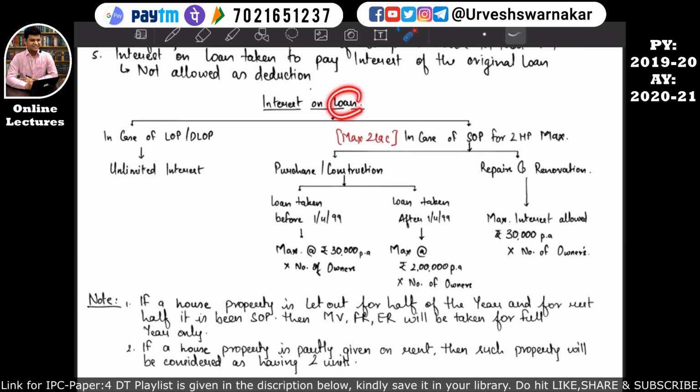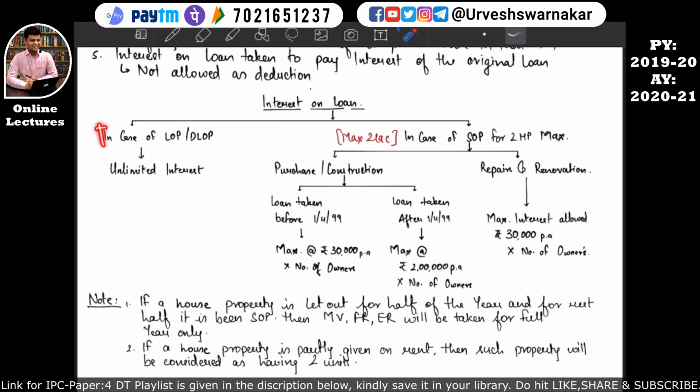If an assessee has taken a loan for LOP or DLOP, that means the loan has been taken and utilized for let out property or deemed let out property, for purchase or construction of such property, or for the renovation or repair of such property, then whatever interest the assessee pays on such loan, 100% of the interest will be allowed as deduction under section 24 subsection B. I hope this is quite clear.